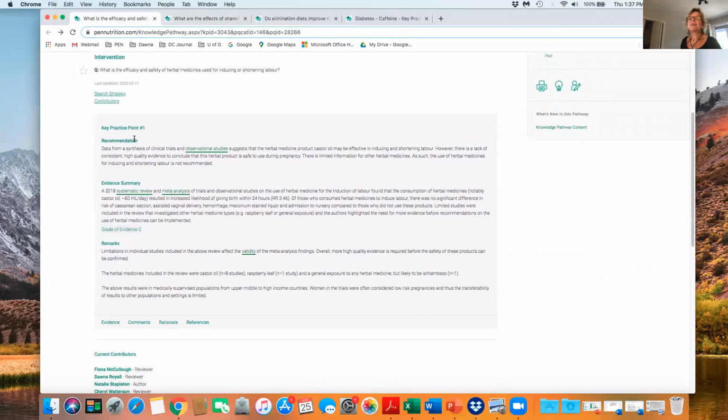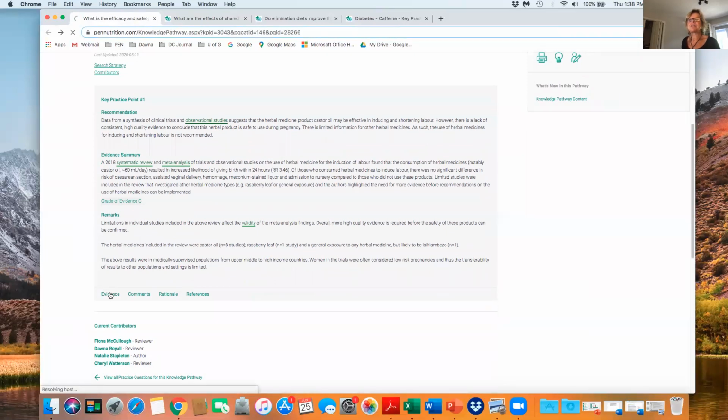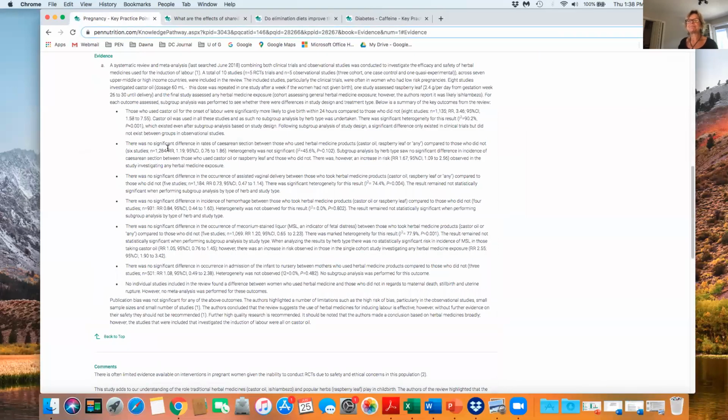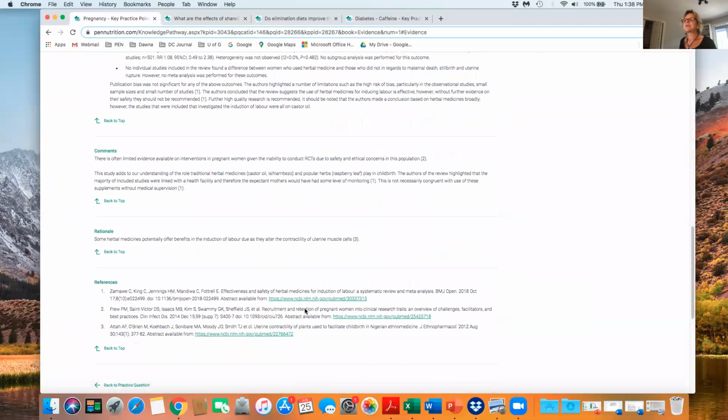It starts with a key practice point, but I want to take you down to the evidence, a description of the evidence. This one happens to be based on a systematic review and meta-analysis, and there is a reference for it if we scroll down.